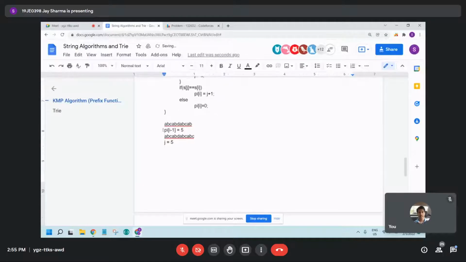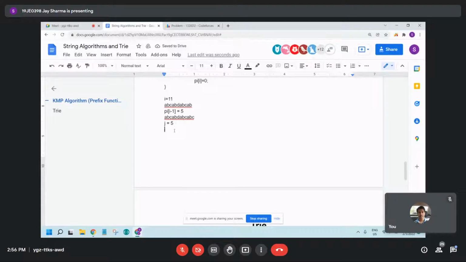Now you will check if s of 5 equals s of I. I equals 11 here. So we will check if s of j equals s of I. So j is nothing but 5 and s of I is the last character, which is c. So this is not holding true.